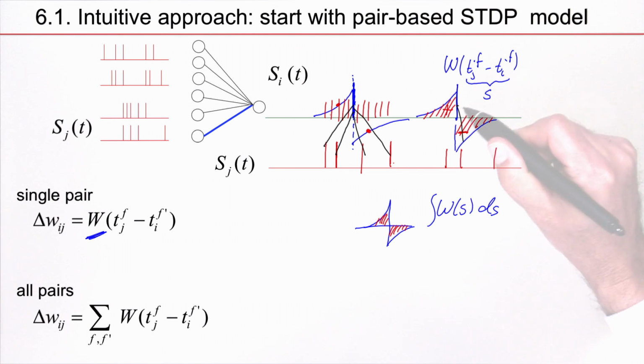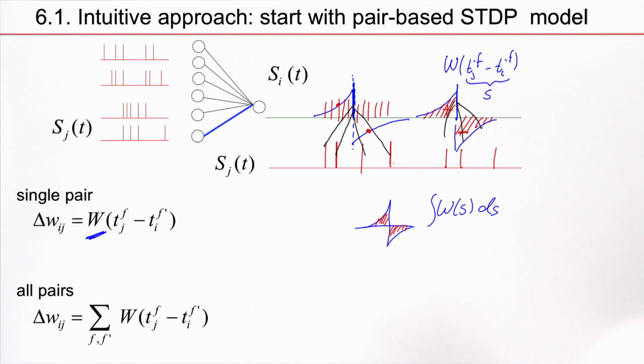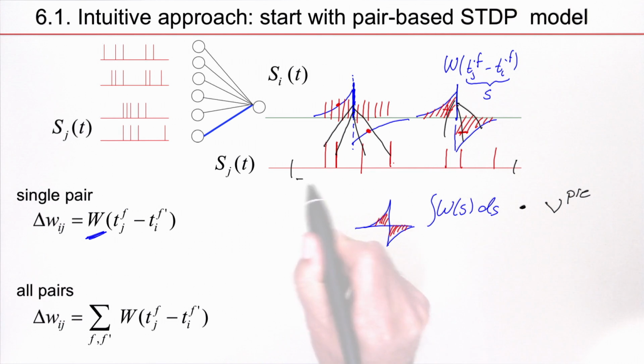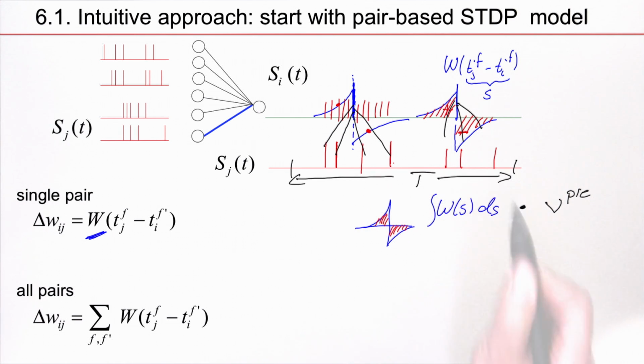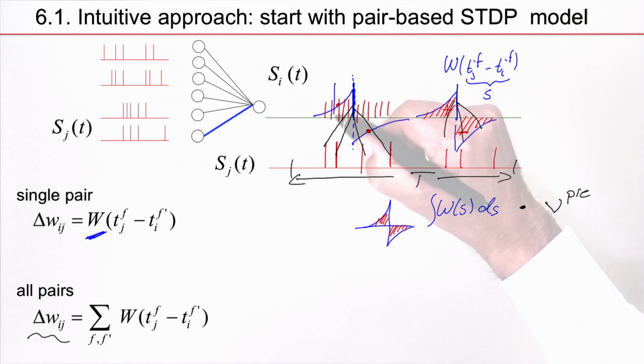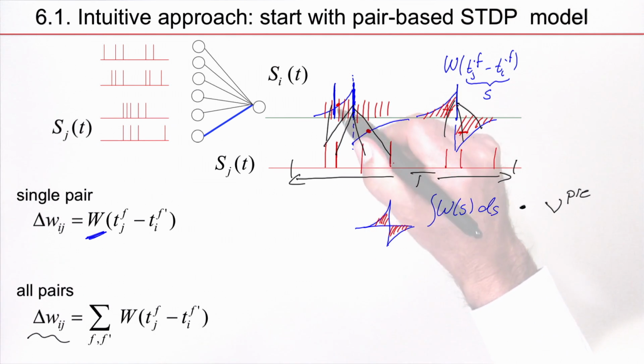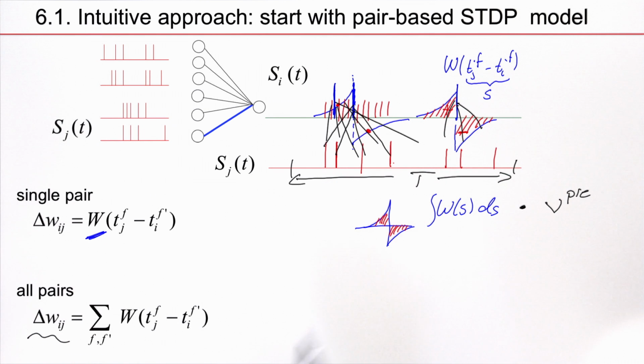Same thing over here, a pair post-pre, a pair post-pre, a pair pre-post. The number of these pairs increases with the presynaptic spike arrival rate. If I consider a certain time window over which I count the weight change, and I consider all pairs, then I see that the number of pairs will increase also with the number of postsynaptic spikes. If I have more postsynaptic spikes, then I have even more of these pairs.